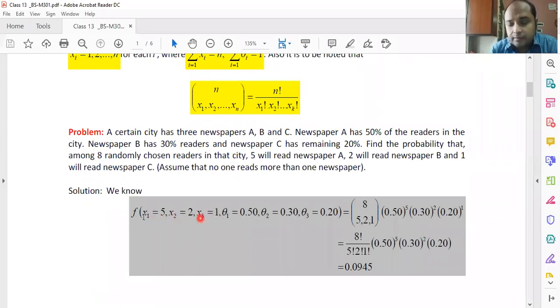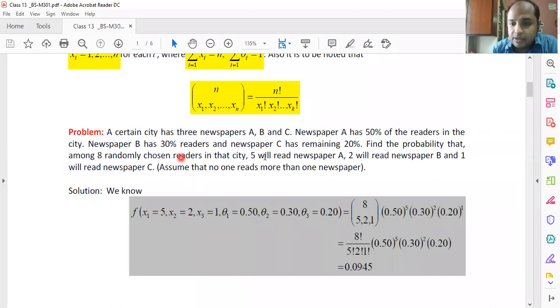So the random variables capital X1, capital X2, and capital X3 represent the number of persons reading a kind of newspaper. The random variable X1, associated with newspaper A, has the value 5. X2, associated with newspaper B, has the value 2. And X3, associated with newspaper C, takes the value 1.